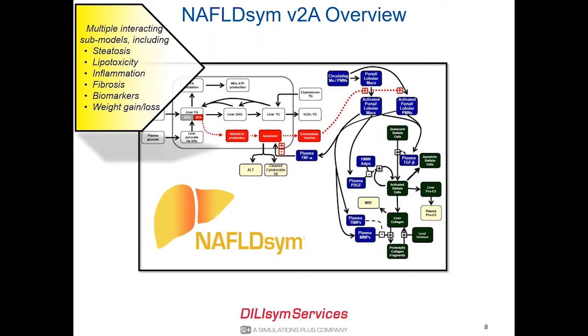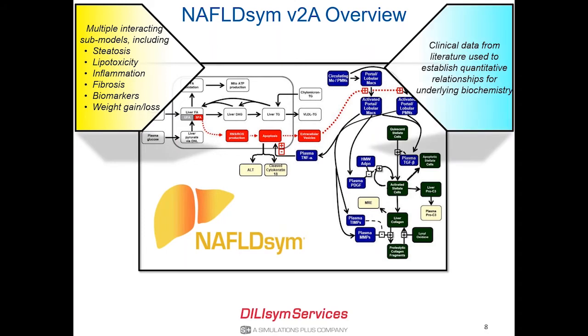In addition to those specific submodels, we also have a number of biomarkers. We'll describe those subsequently. It's again important to note that we're able to simulate weight gain, weight loss, as well as weight stable patients, because it's a wide swath that we have, and we have to pay attention to how those factors can affect treatment.